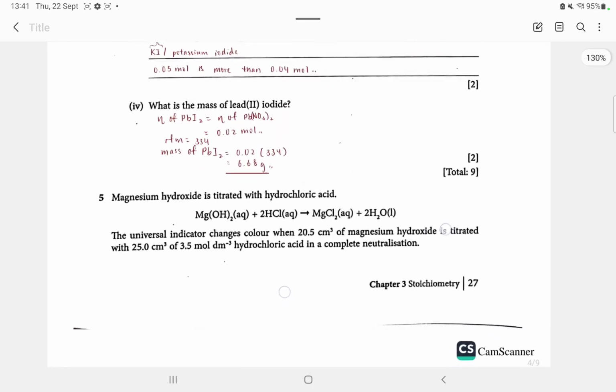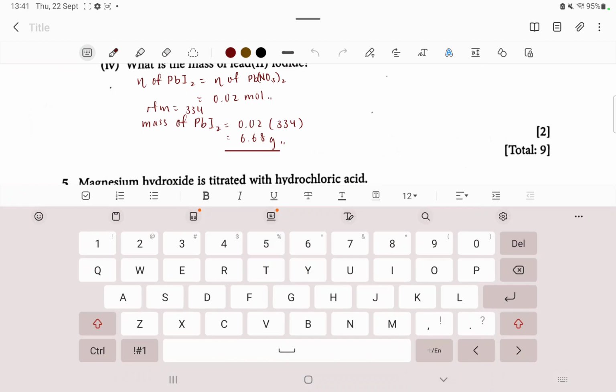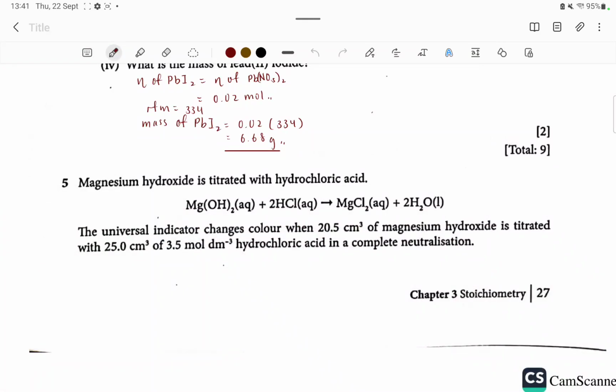So magnesium hydroxide is titrated with hydrochloric acid.